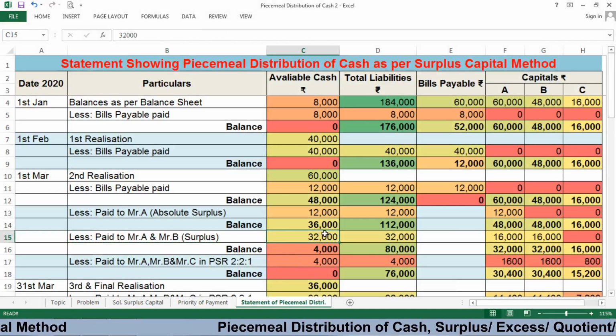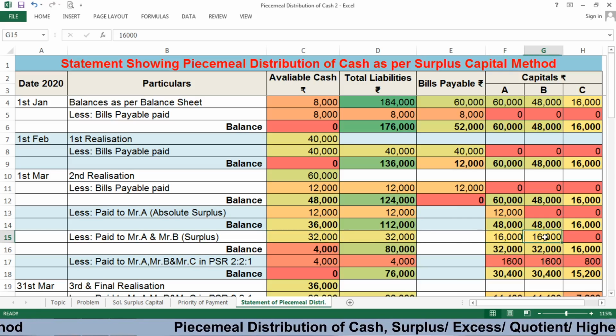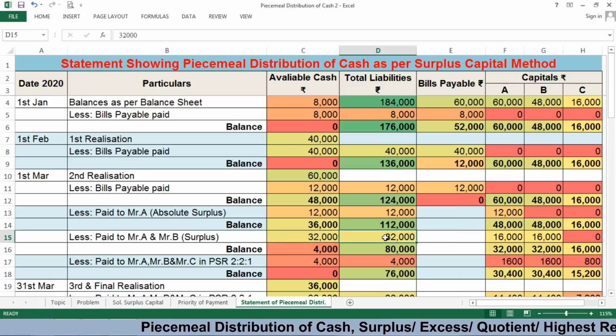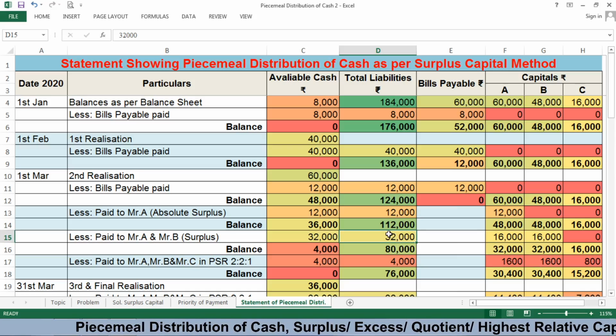So here we are going to pay rupees 32,000 to Mr. A and B, that is 16,000, 16,000. So 16,000 given to Mr. A, 16,000 given to Mr. B. That means our total cash will be reduced by 32,000 and also our liability will be reduced by 32,000. So our balance comes to 36 minus 32. Balance cash will be 4,000 and total liability will be reduced by 32,000.